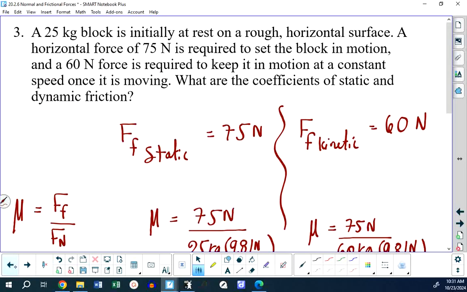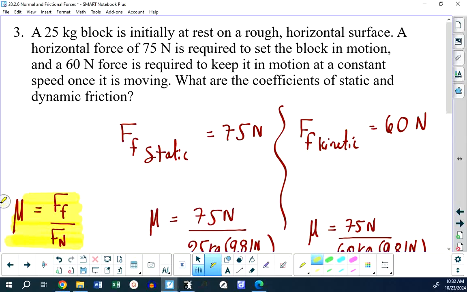Yes, Sam? Does mu have units? Oh, good question. No. It is what's called a pure number, or a unitless number, because of this definition. I'll look on your formula sheet in a second to see which way it's written. So when we determine mu, we measure a normal force somehow, probably by calculating the force of gravity on a horizontal surface.